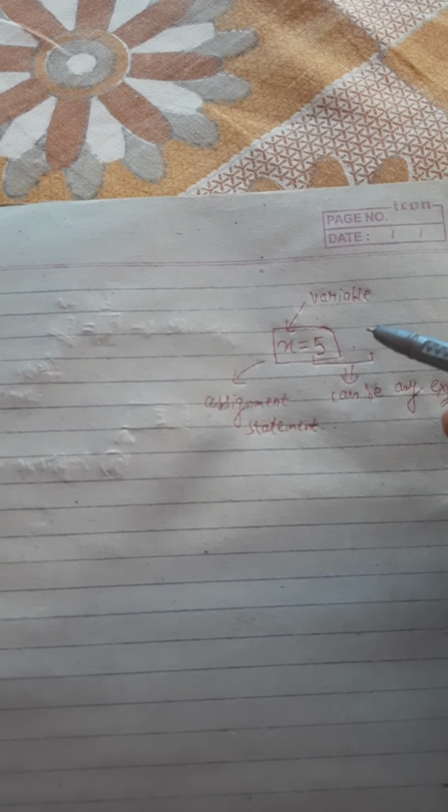So how the thing works behind the scene: your assignment statement is divided into two parts, the left hand side part and the right hand side part. First of all, the right hand side part gets executed.